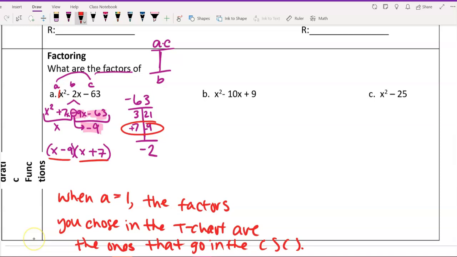So what I wrote here was when a equals 1, the factors you chose in the t-chart are the factors that go in the parentheses. Let's take a look at the second one and we'll prove ourselves right.